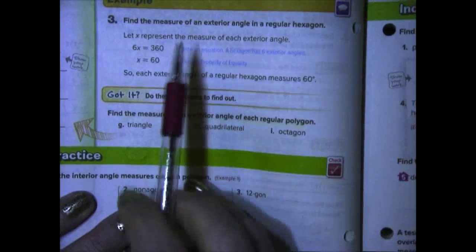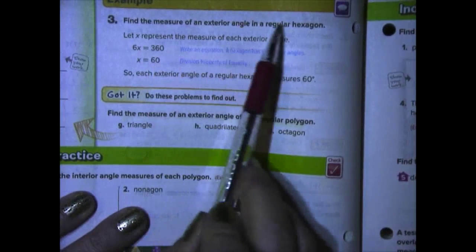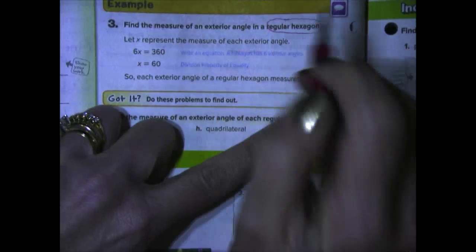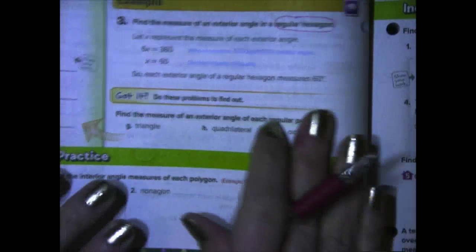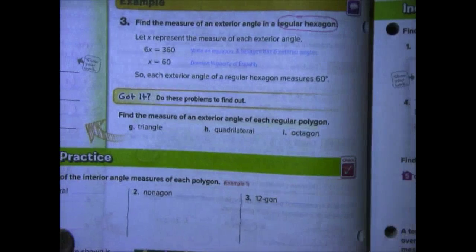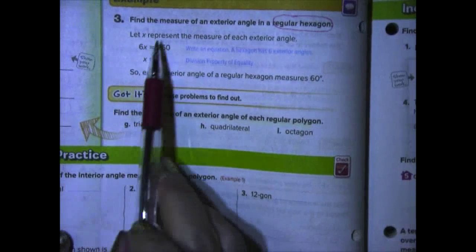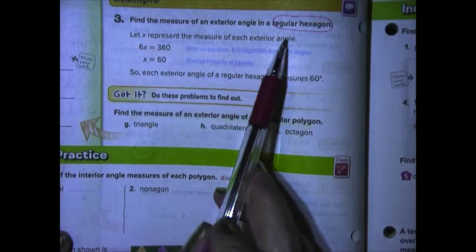On page 400 at the top, we've got example 3. It says, find the measure of an exterior angle in a regular hexagon. Now remember, it's important when we're talking about these things that we understand whether it's regular or not. It says let x represent the measure of each exterior angle.